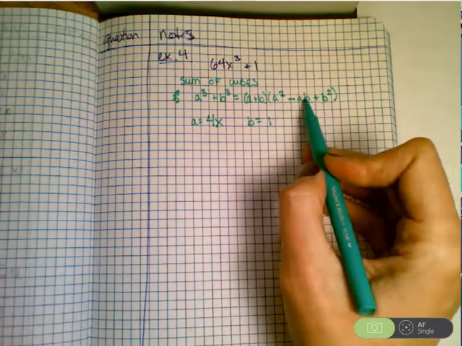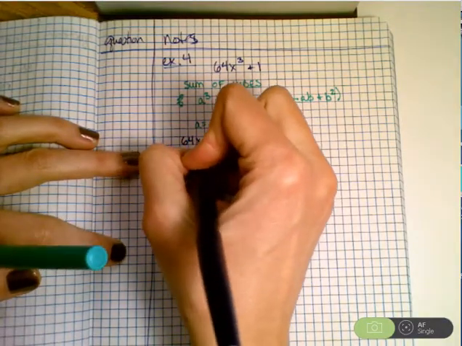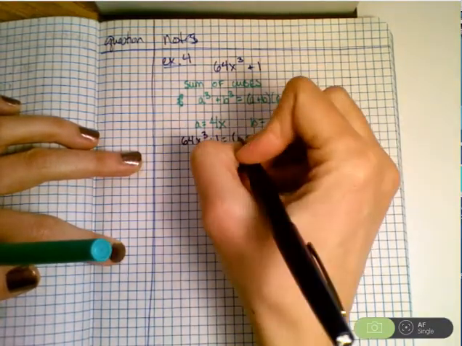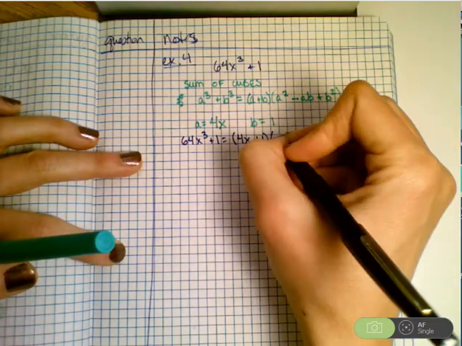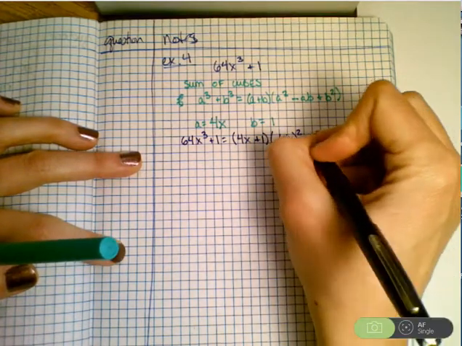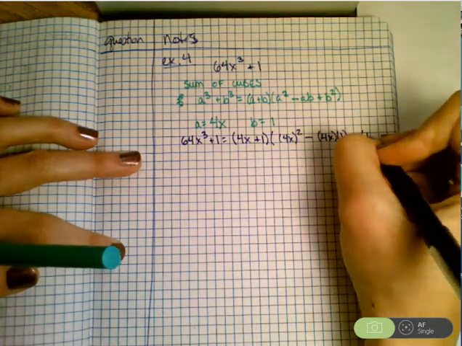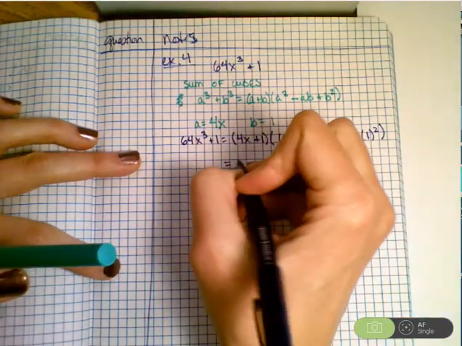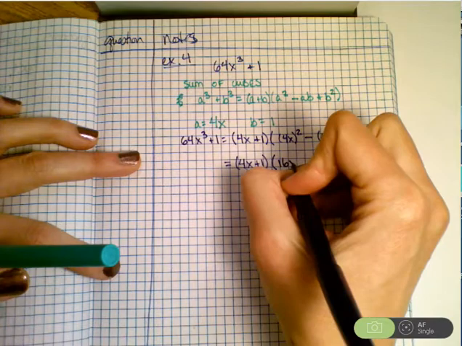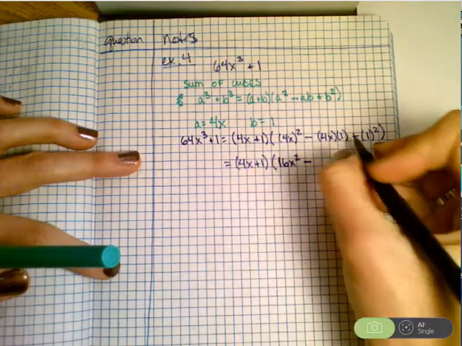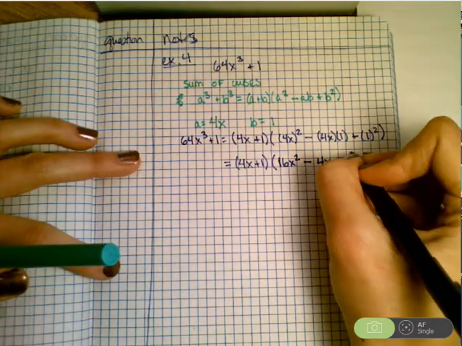Those are going to get plugged in all of these places, and then the whole thing gets simplified a little. So 64x cubed plus 1 equals 4x plus 1, a plus b, times 4x all squared minus 4x times 1 plus 1 squared. 4 squared is 16, so that's 16x squared. 4 times 1 is 4, and the x, and 1 squared is just 1.